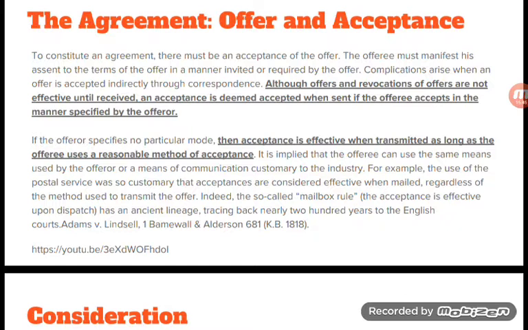So as far as counteroffers, how that works is when one side makes an offer, if the other side, instead of accepting the offer, counteroffers, that cancels the initial offer. The initial offer can no longer be accepted by the party that's made the counteroffer. Also, when that second party makes a counteroffer back to the original offeror, the offeror can then accept or counteroffer.